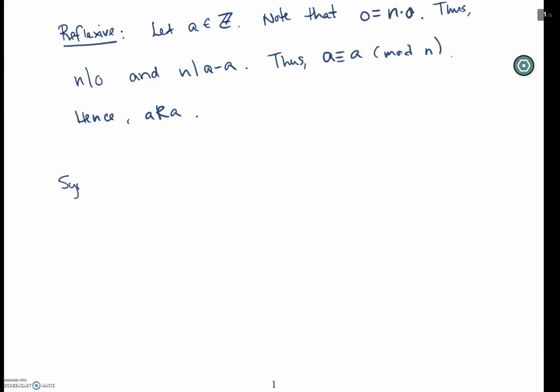Moving on to symmetric, we start by supposing that a is related to b.